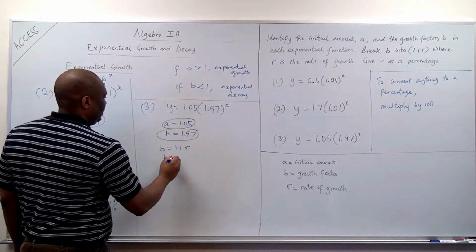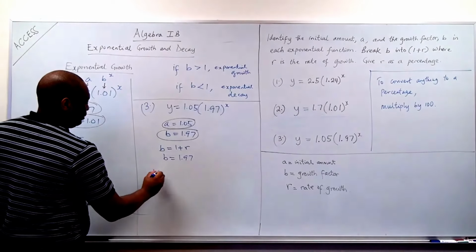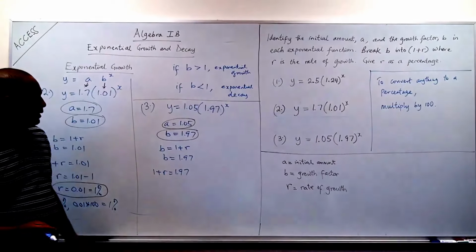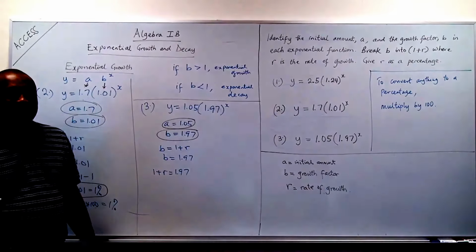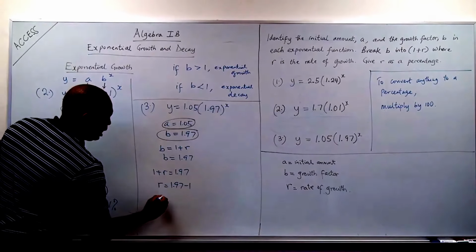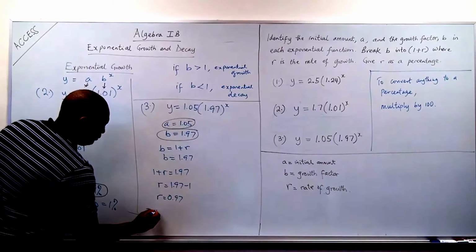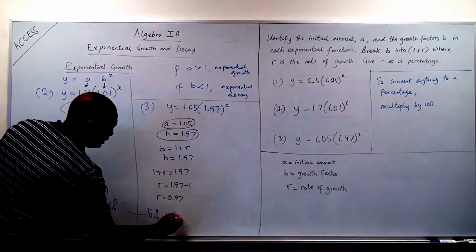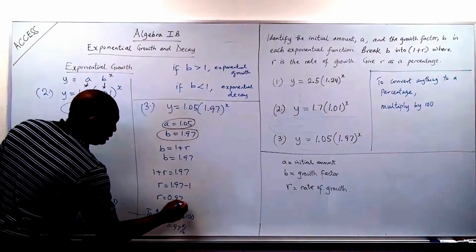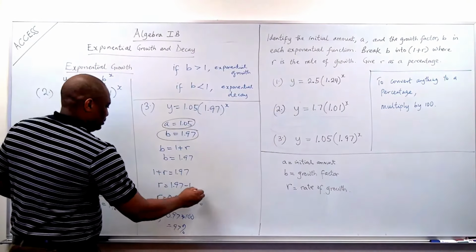And we have that B is 1.97. So 1 plus R is equal to 1.97. So our R will now be 1.97 minus 1. Our R is 0.97. And if you want to convert it to percent, it will be 0.97 times 100, and that gives 97%. So this is also equal to 97%. And this becomes your R.